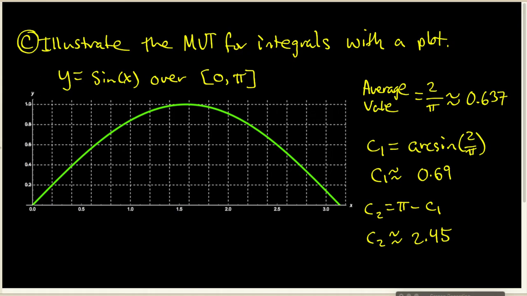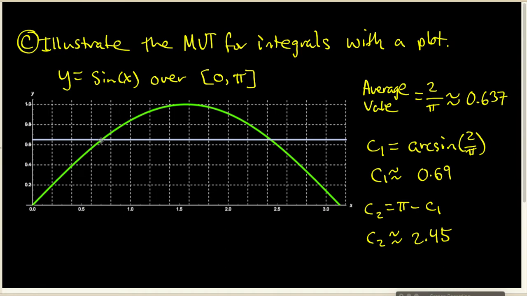Now we do have to be a little bit careful. 0.637 is about 0.64, which is a little bit less than 0.65. So it's going to come in somewhere around here. And I have to draw that line over the whole interval.